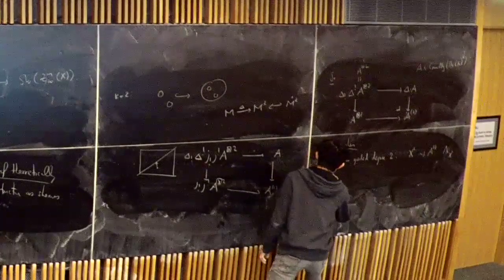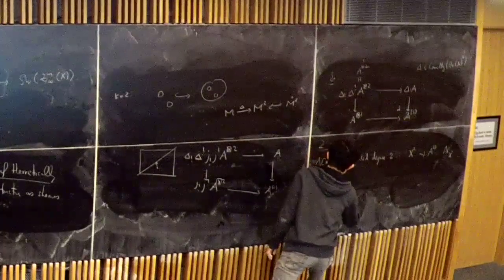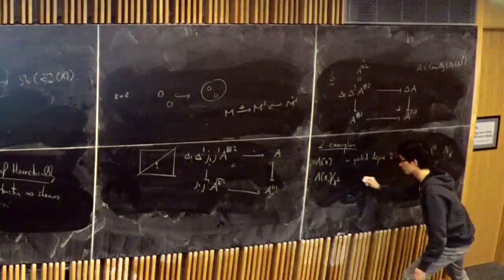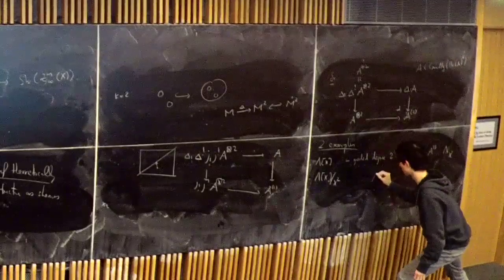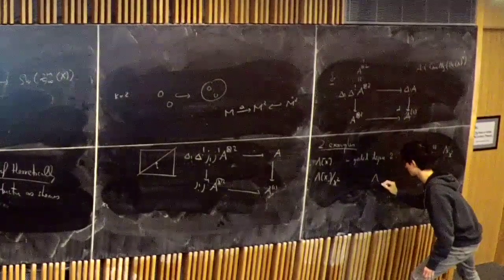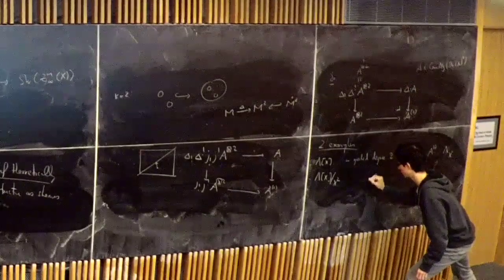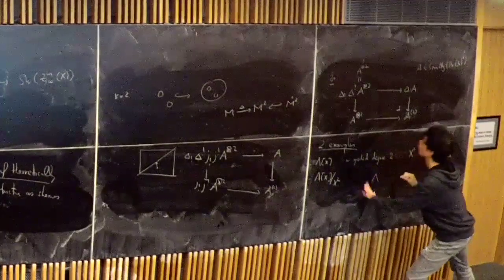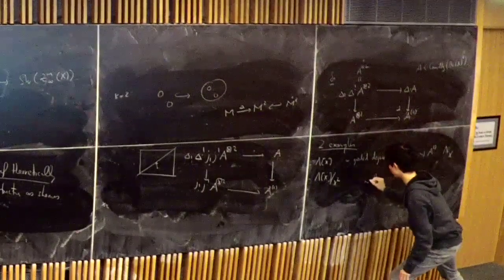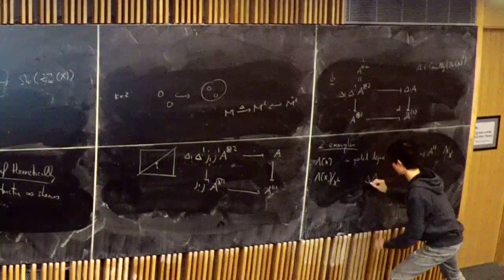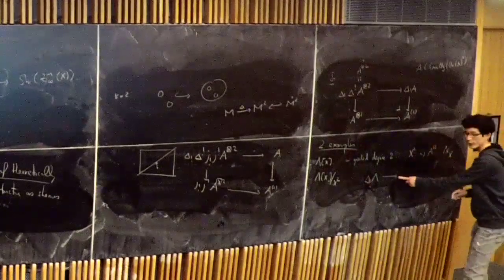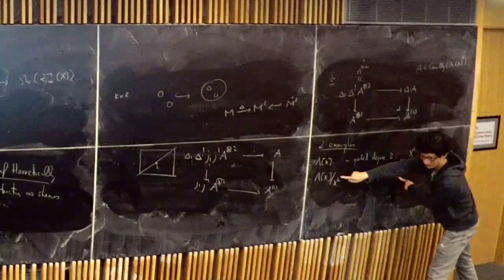Now let's do this example. For this example, on the complement of the diagonal, you have something like lambda. So this thing you put lambda. And the multiplication map, you put something of degree 2 here. But in this thing, there's nothing of degree 2. It's 0.